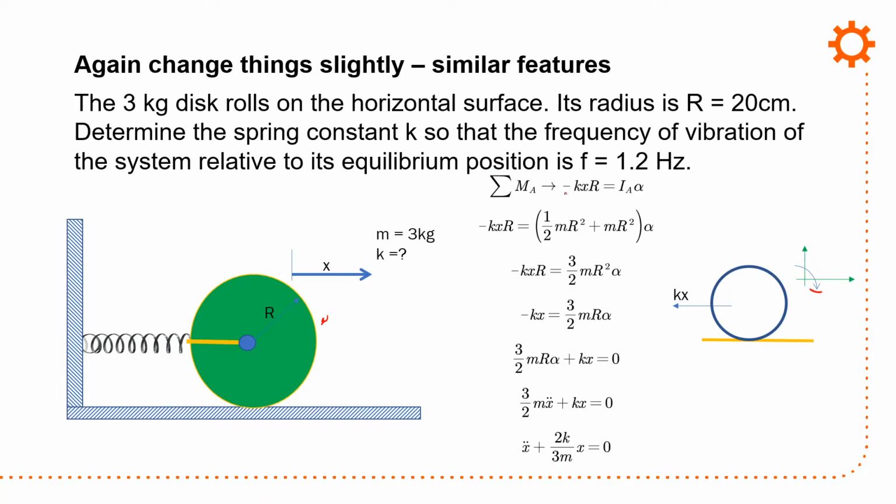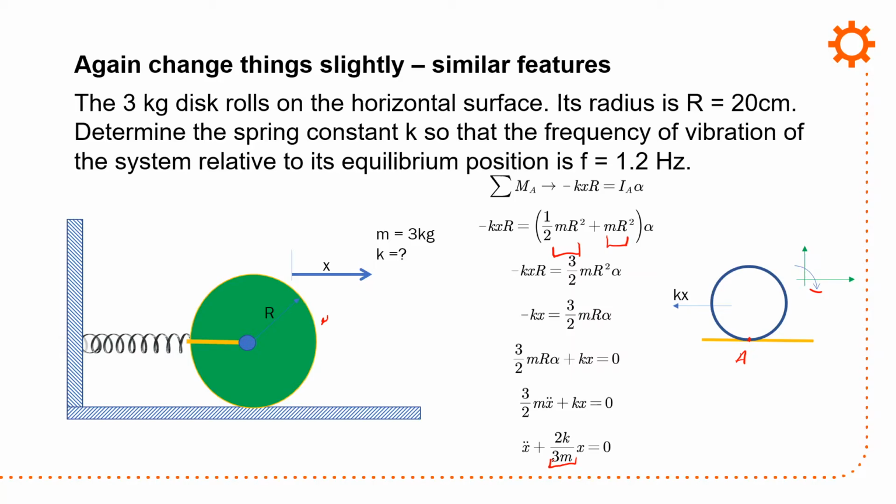So in terms of moments about point A, which would be down here, I have minus kxr equals I_A alpha. I have that for a disk, the moment of inertia for a disk, plus the parallel axis theorem, substitute in terms, and this is my governing equation. This is my k over m.